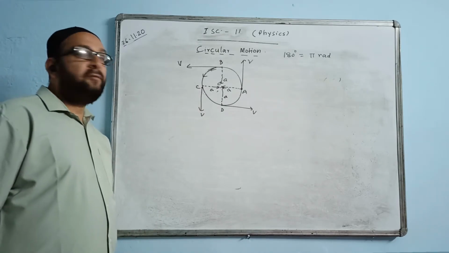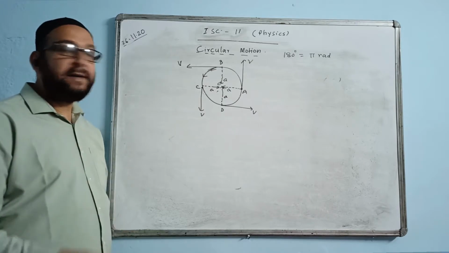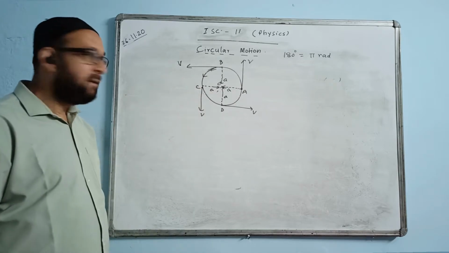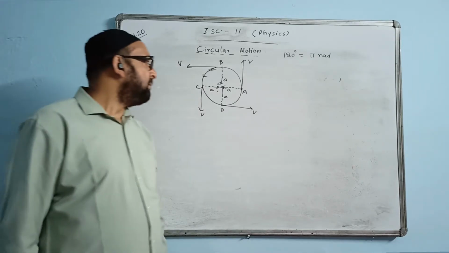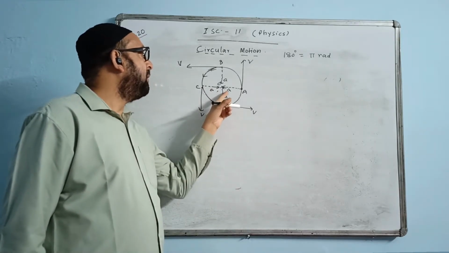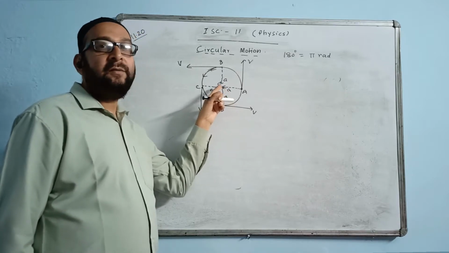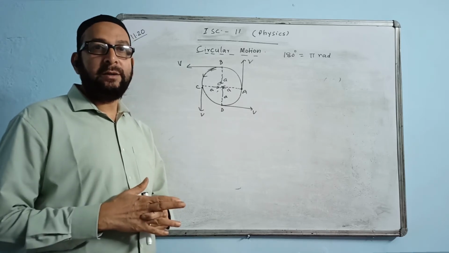Or the question may come, why is acceleration always radial, or always directed towards the center of the circular path? Why is it always directed towards the center? The reason is that since the acceleration is radial, it does not have any tangential component.